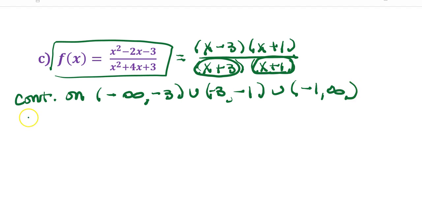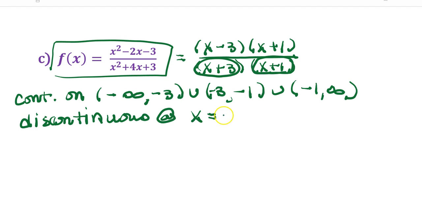I would also say that this function is discontinuous. Keep forgetting the C. At x equals negative 3 and negative 1. Now the types of discontinuities, the discontinuity that occurs at negative 3 actually can't get reduced out, because the factor that gets reduced out is the factor of x plus 1.